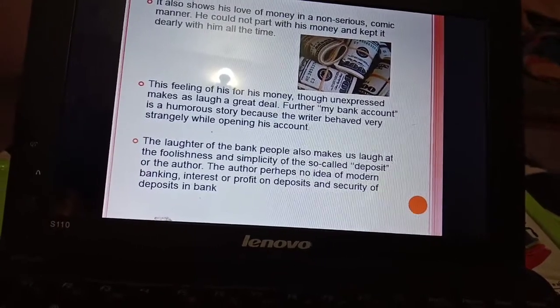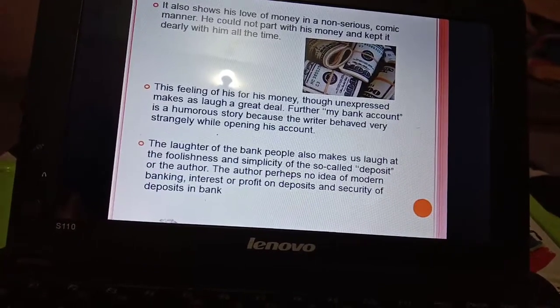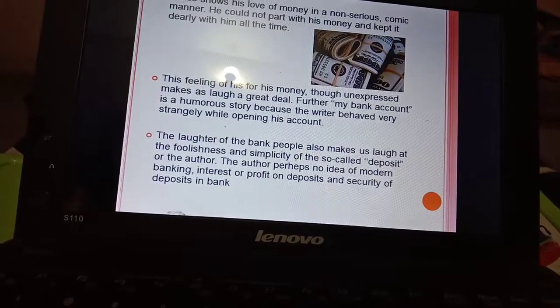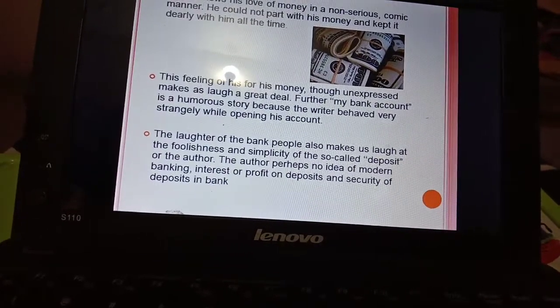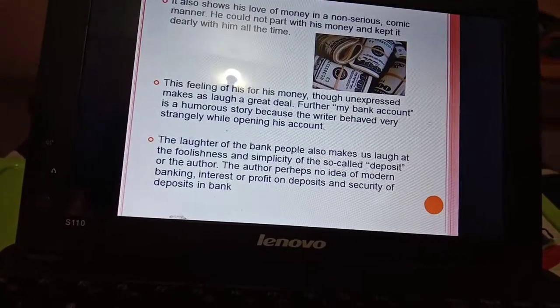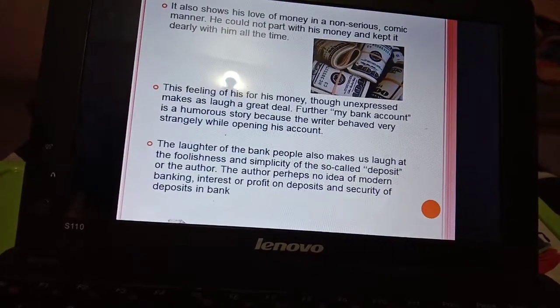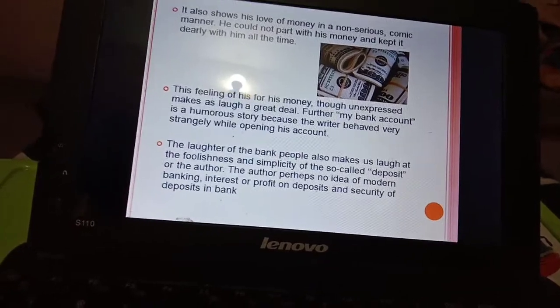Even though he does not know the idea of modern banking, interest or profit, and the security of deposits in the bank, it totally shows the love and keen interest of the author in his money.